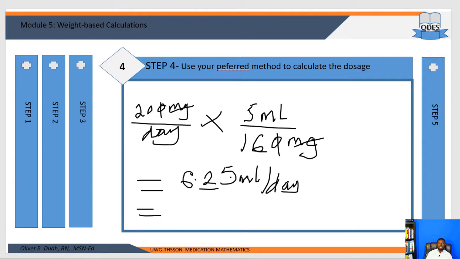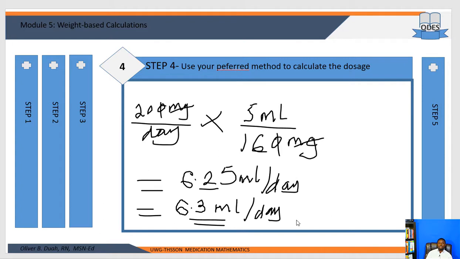However, the number after 2 is 5, equal to 5. And so we are going to round this up, and we are going to get 6.3 ml per day. So this is our dose per day.